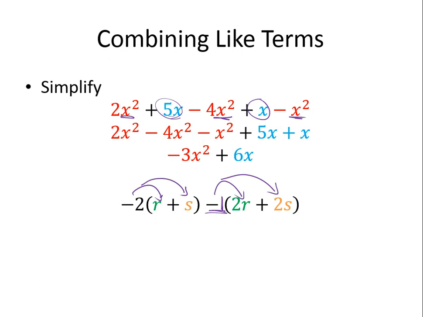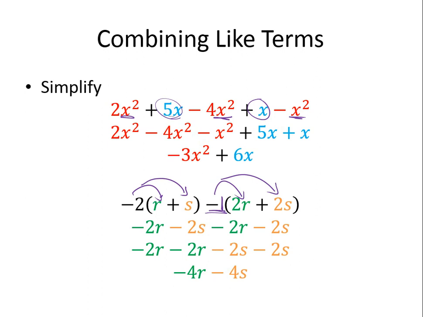Okay. So you distribute it into both parts, and we end up getting -2r minus 2s minus 2r minus 2s. Now you want to put all the like terms together. So -2r minus 2r, -2s minus 2s. Combine them, gets you a -4r, -4s. And this is combining like terms and simplifying an expression. Okay. So combining like terms, pretty simple.